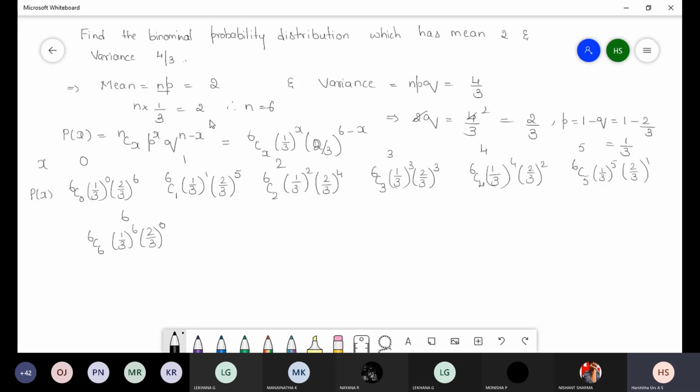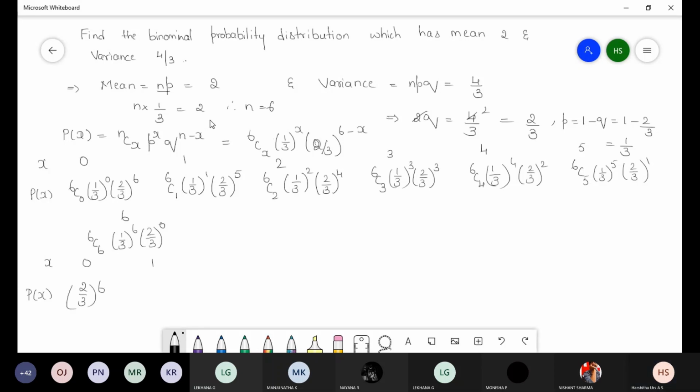Now again we have to write one more step for the substitution. Here x is 0. 6C0 means 1. So 1/3 whole power 0 is also 1. Remaining is 2/3 whole power 6.